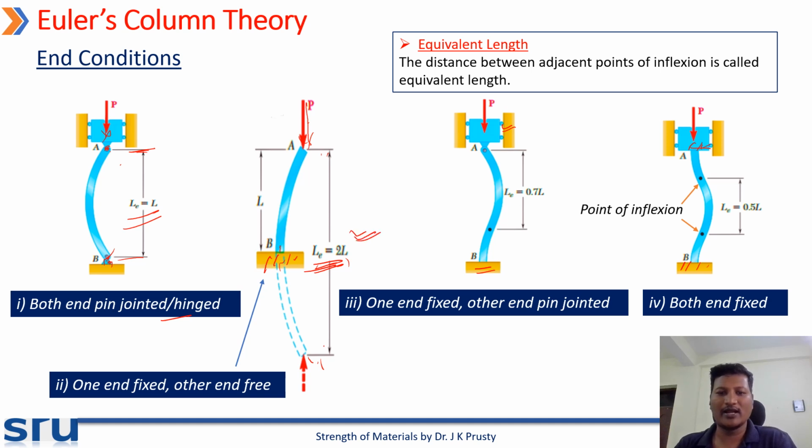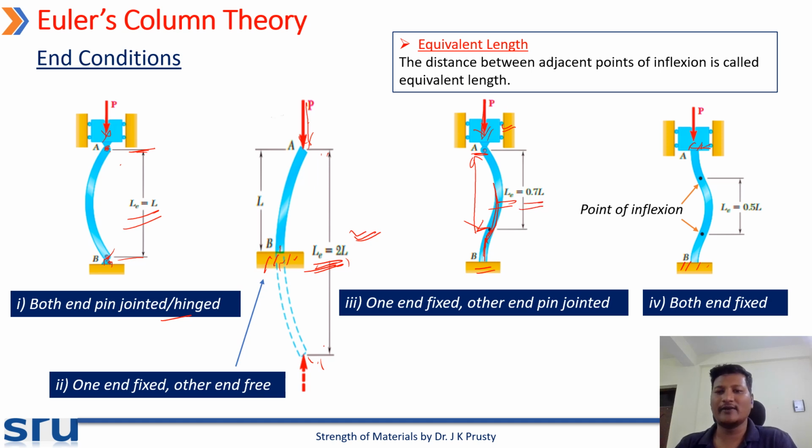Similarly, for one end fixed and the other end pin jointed, due to this axial compressive load it goes like this, but after a certain point there is a change of curvature. From here to this end, the distance is called LE. That is nothing but 0.7 L.